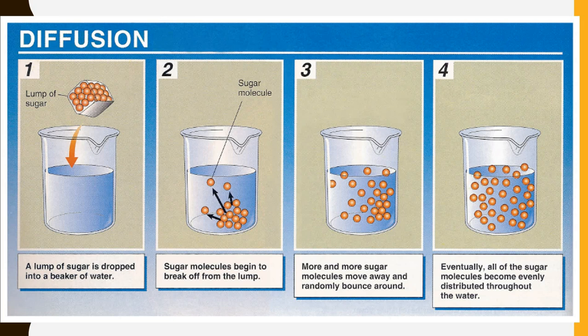We end up having the sugar molecules breaking off from that sugar cube, and we're getting more space between those sugar molecules. And as more and more sugar molecules move away and randomly bounce around, we see all of them evenly distributed through the water. And we end up with just a liquid. We don't have a bit of solid and liquid. We just have our sugar water liquid there.